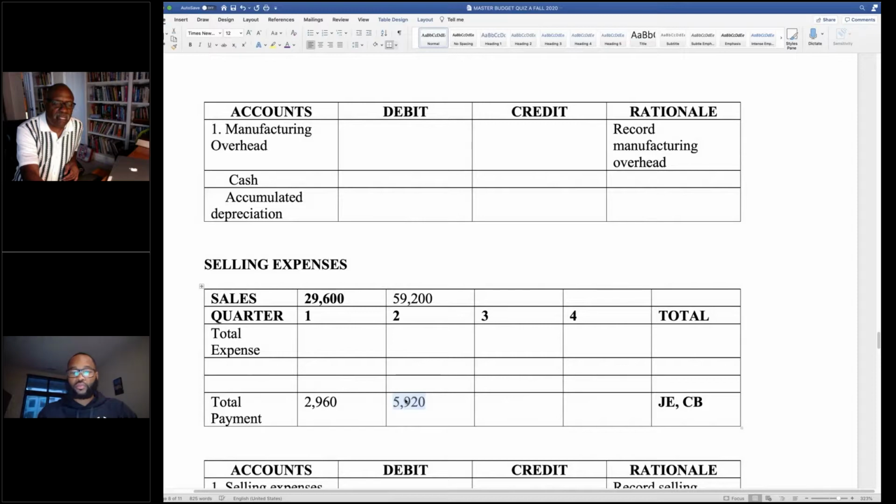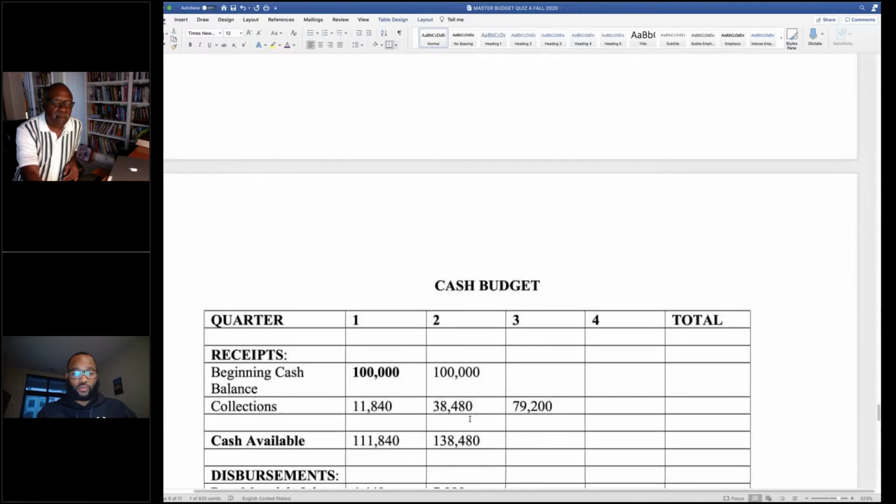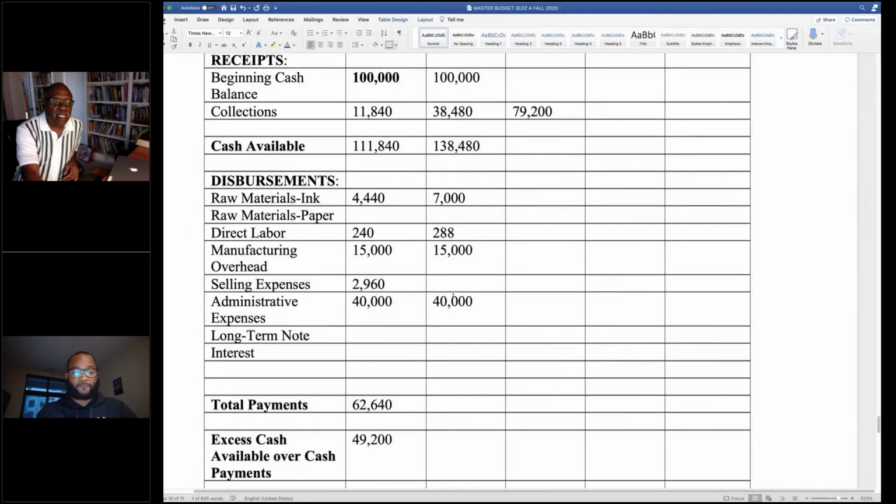We copy it, then we paste it. We're all done. Can you add them up?